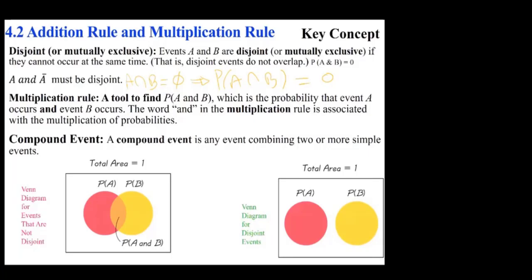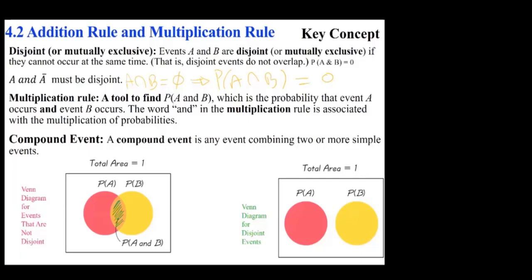Now, take a look at the bottom before we move on. We see the Venn diagram. If you look at the left side, they have something in common. This portion is in common between the two events A and B. So that would be probability of A and B. By the way, if the Venn diagram is representing the probability, therefore the total area must be 1, because the total probability is 1.